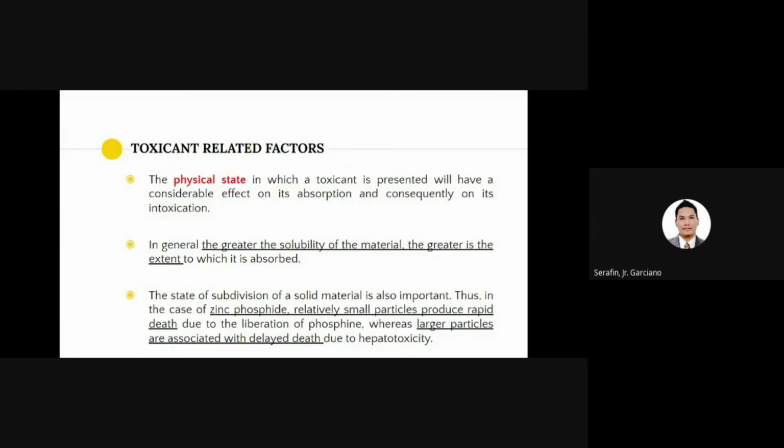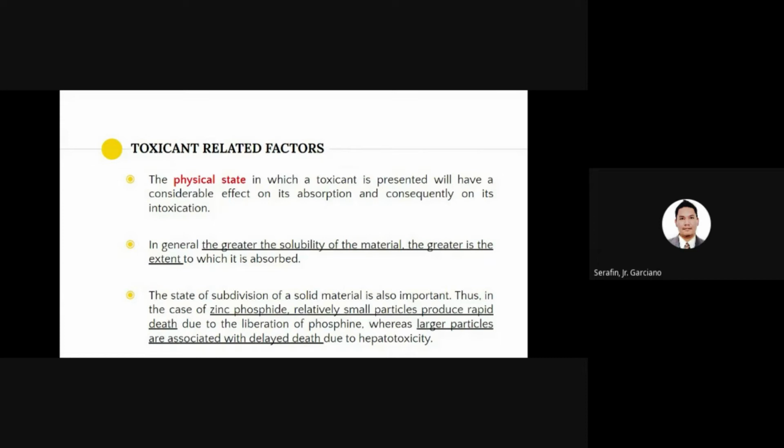In general, the greater the solubility of the material, the greater the extent to which it is absorbed. And the state of subdivision of solid materials is also important.